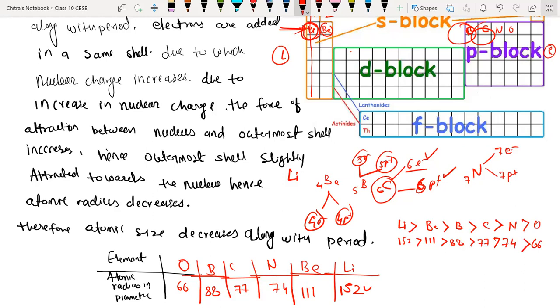Atomic number of lithium is 3, beryllium 4, boron 5, carbon 6, nitrogen 7, and oxygen 8.